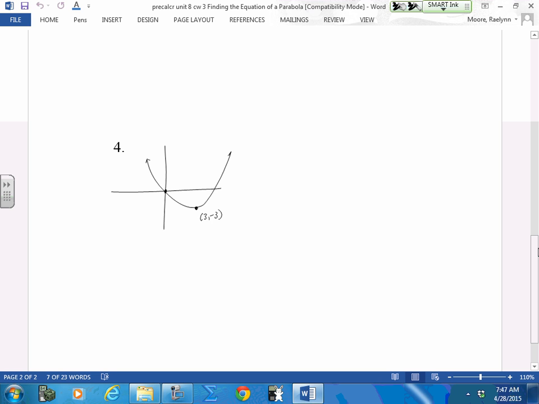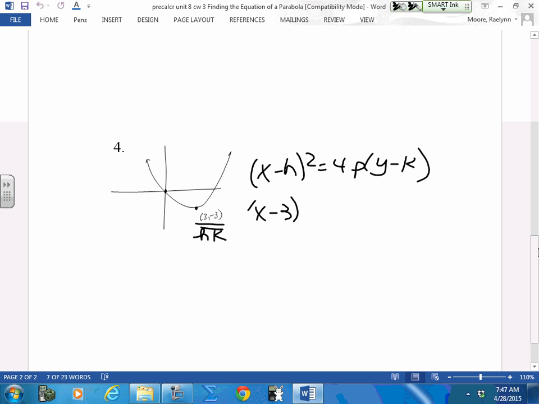Is this a y squared or an x squared? X squared. So here's your other formula. We know our vertex. This is h, k. We're going to plug it in. Okay, so far?